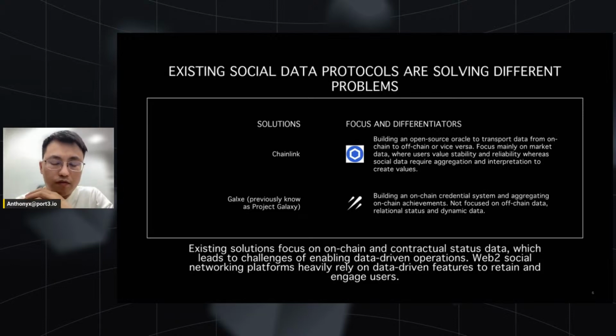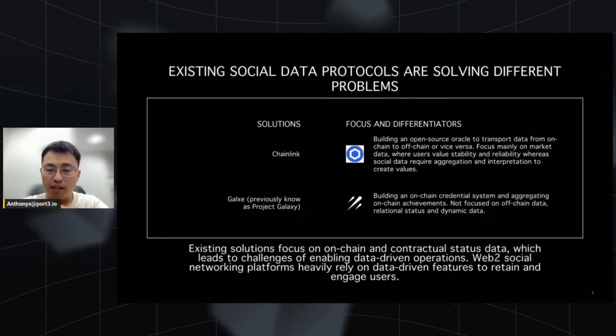We are similar to Chainlink and Galxe in some dimensions. Chainlink is an oracle for decentralized finance. They transport data from off-chain to on-chain to support decentralized finance, for example lending protocols and others.